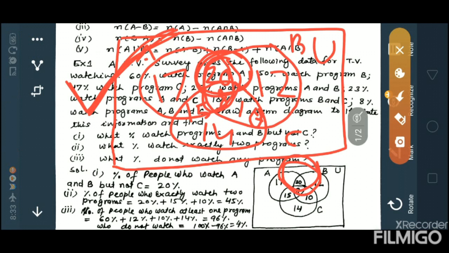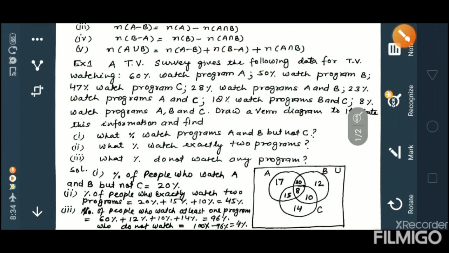This is the depiction. So the total number of people who watch A and B but not C, there are 20 people who do this.